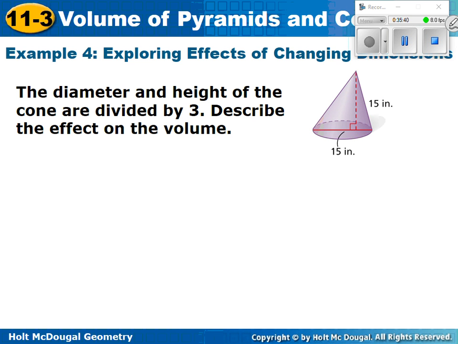If I have a cone, the only 2 dimensions in my cone are the radius or the diameter and the height. So if I am multiplying the diameter and the height by 3, or in this case dividing by 3, then I am dividing all dimensions. Would you agree? Okay, so when you write your answer, be careful. This is dividing by 3.